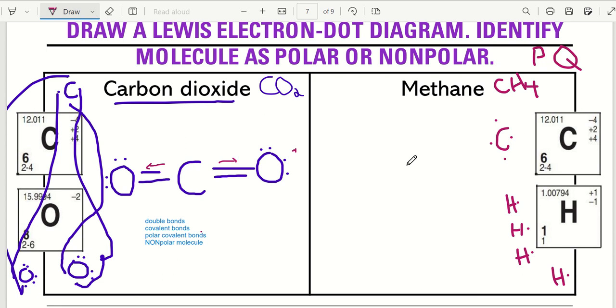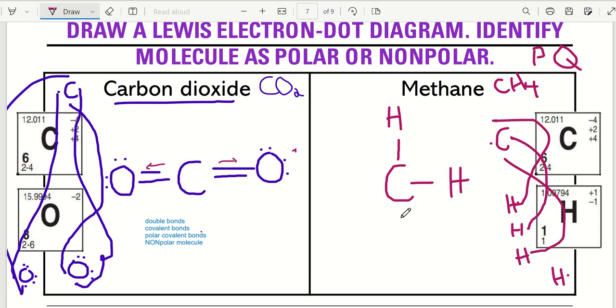Draw the one with the most unpaired electrons in the center, okay? And then take this, I'm going to do this one first, that unpaired electron, and connect it to what? A hydrogen. So this one. This unpaired, connect it to another unpaired, that hydrogen. This unpaired, and finally, this unpaired right here.